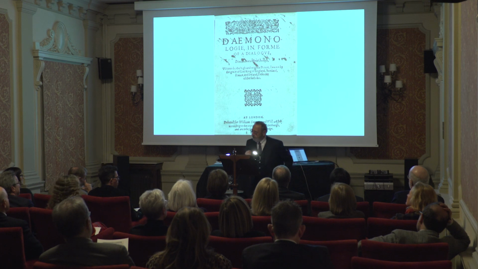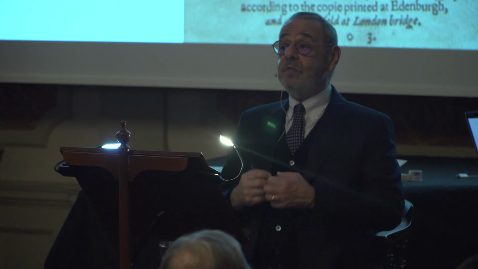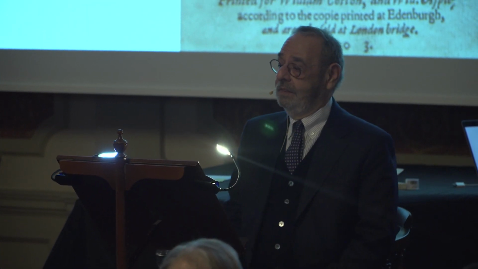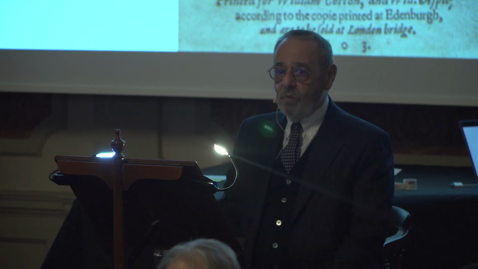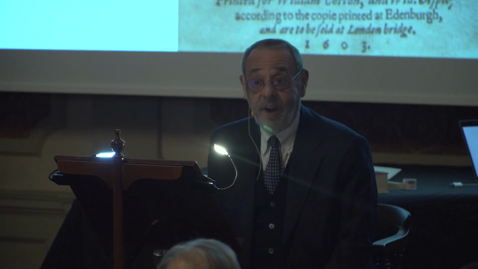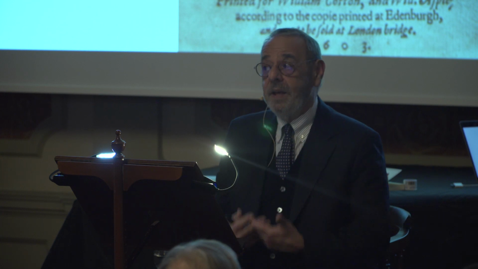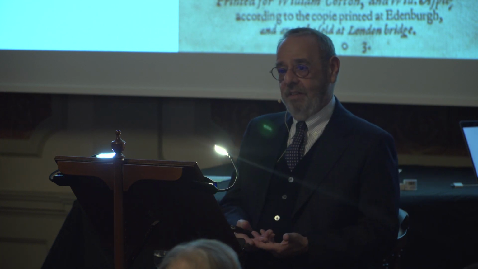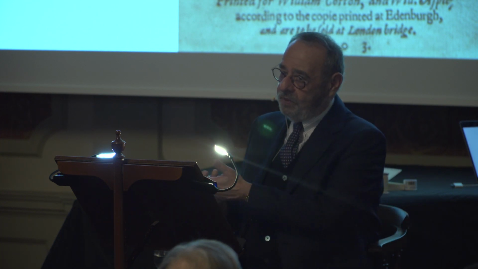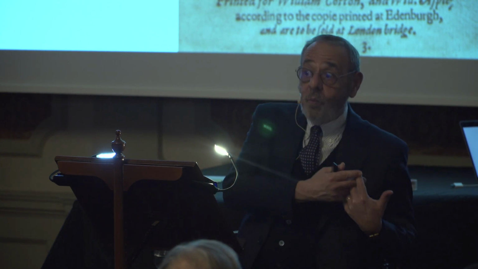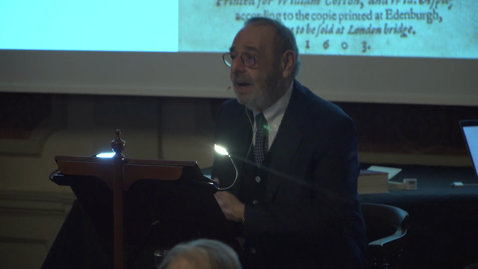Now, we also get a play which is full of compliments to the king. Banquo, remember, is a mythological character. But part of the myth is that King James is one of the heirs of the line of Banquo.